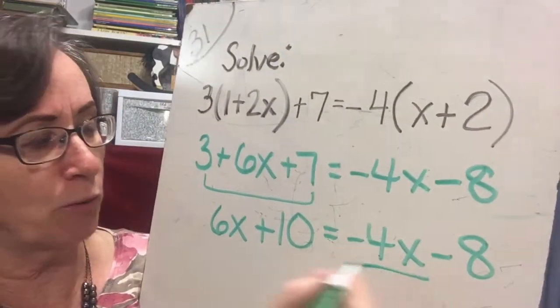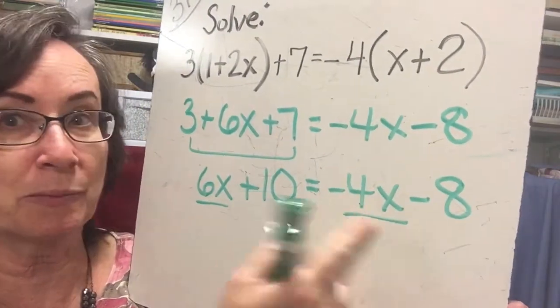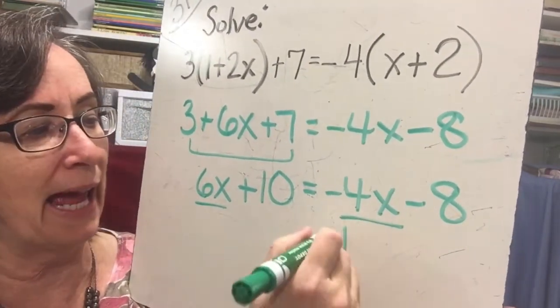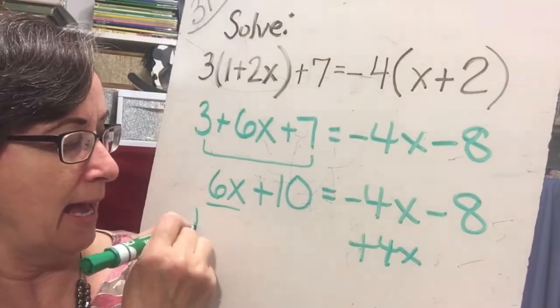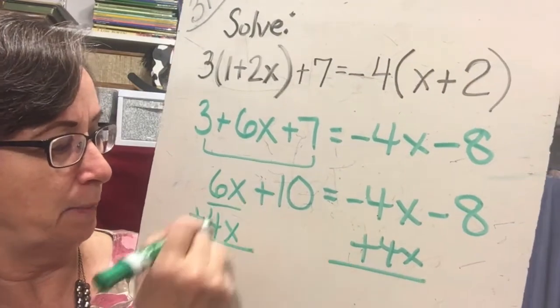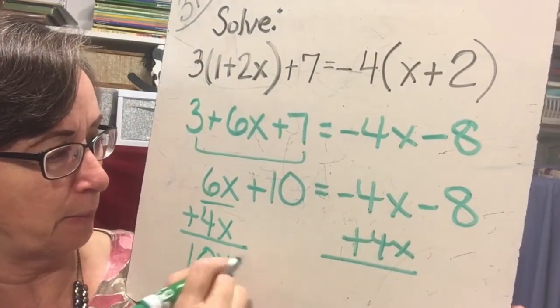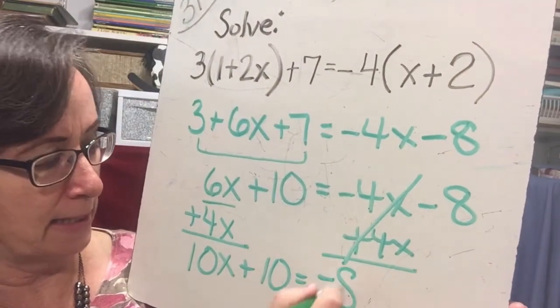Do you see how I have 4x and negative 4x and a 6x? I'm going to go ahead and bring the x's over here. So I'm going to add a 4x and add a 4x, this becomes a 10x plus 10 equals negative 8.